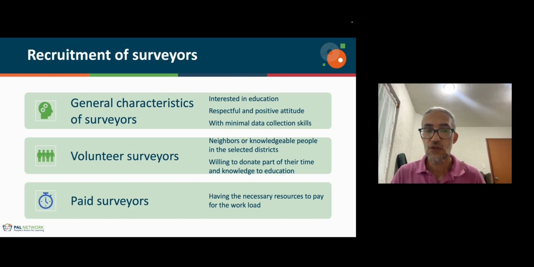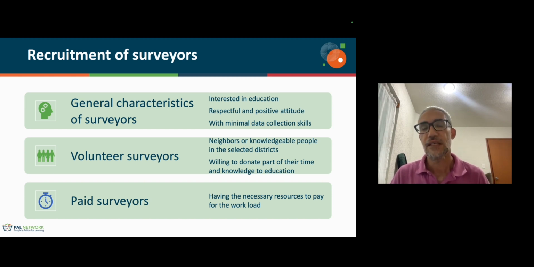And then you can choose between volunteer or paid surveyors. In the Mexican case, we chose to work with volunteers, not just because of the budget, but mainly because the volunteers know the neighbors and the people in the districts and in the sections, and are willing to donate part of their time and knowledge to education.